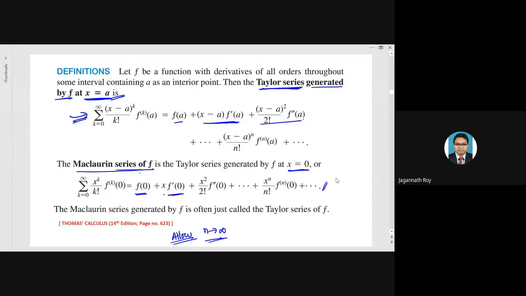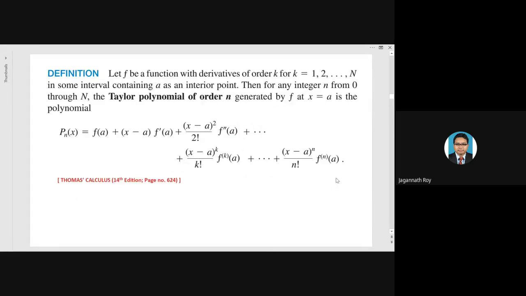So what are the things that we need to remember? Another definition is the Taylor polynomial of order n. It is the same topic, but whenever the number of terms changes, you call it a Taylor polynomial.